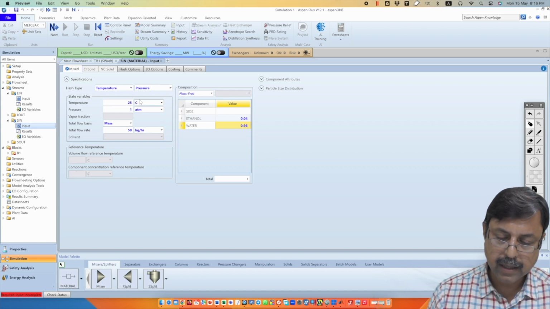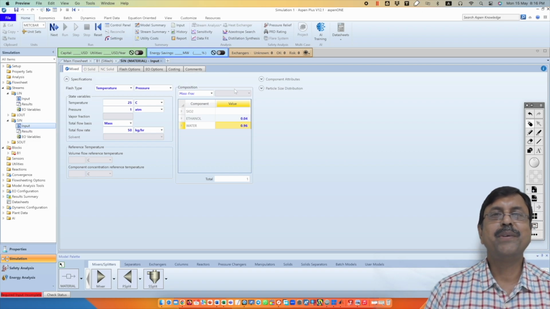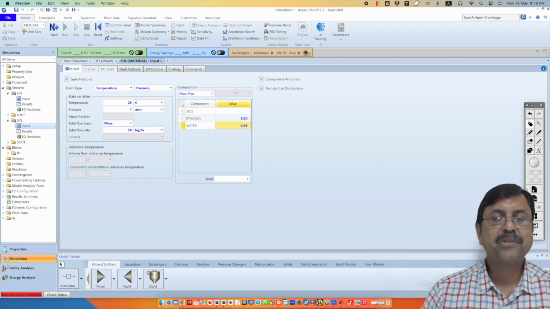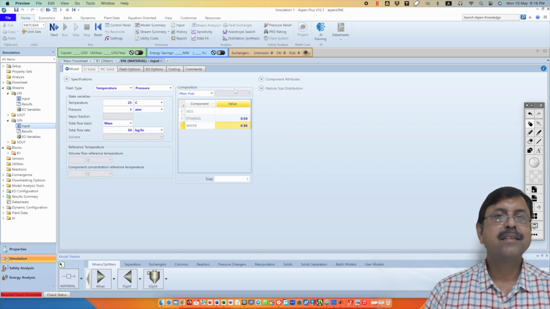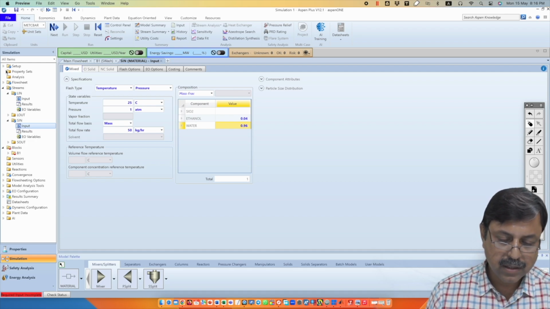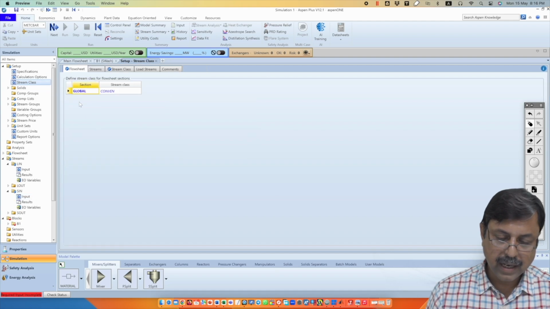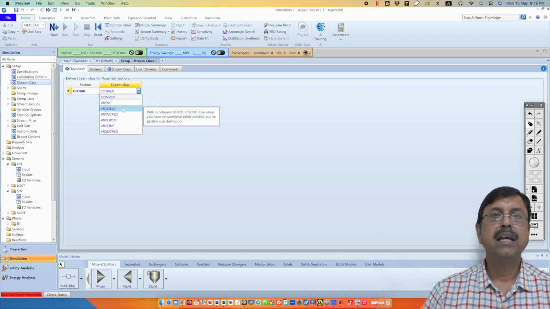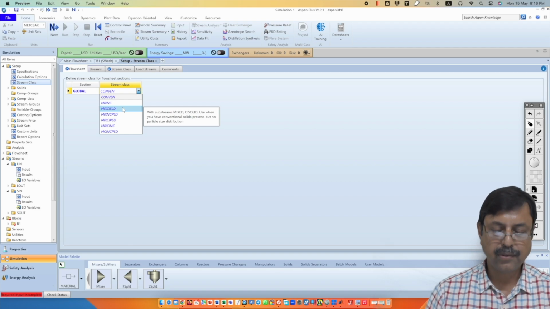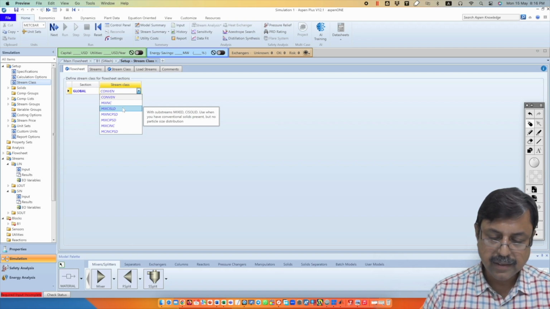And we have to add the solid SiO2, and we have made a mistake over here because we have forgotten to set the stream properly. So in this case, we have to fix the solid stream first. So you go back to the setup, and here stream class, and remember, we do not have any particle size distribution over here, so we choose MIXCISLD.